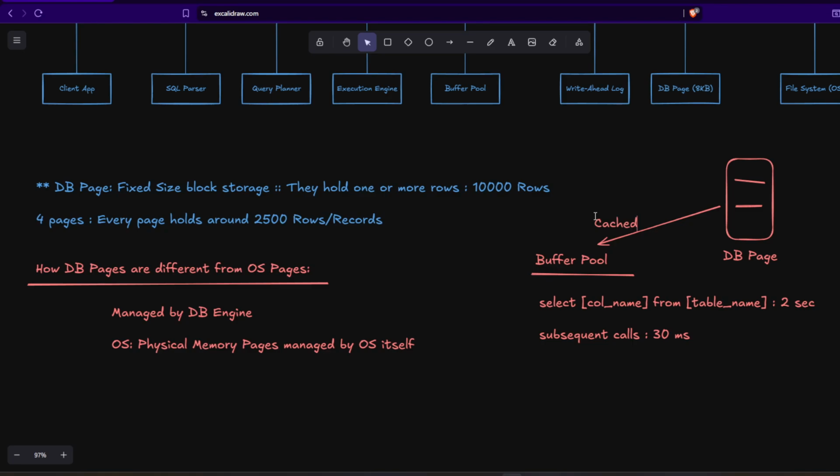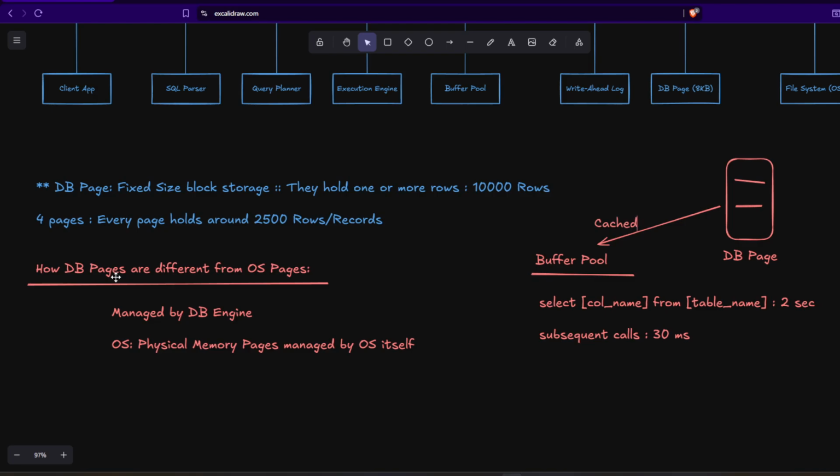All the reads and writes generally go through this buffer pool. If a page is not in memory, it gets fetched from the actual operating system disk, loaded into the buffer pool, and then returned to the client app or whoever the caller is.